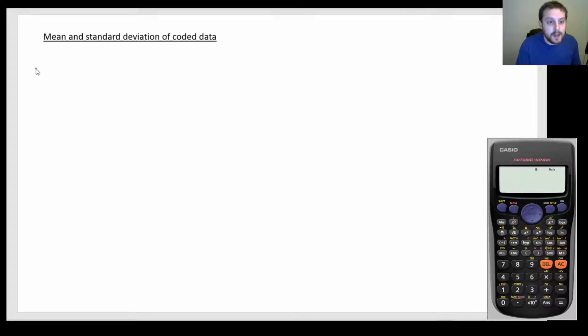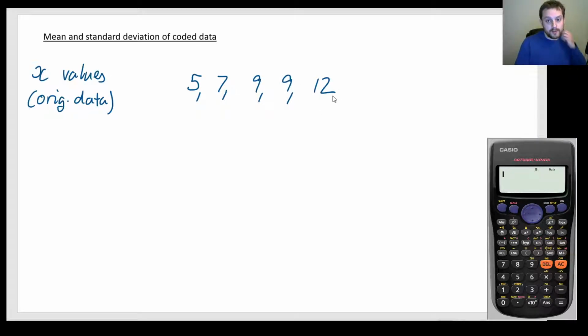I'm going to have my X values, this is my original data. And I might have something like, here are the numbers: 5, 7, 9, 9, and 12. And so we can work out X bar, and we can also work out the standard deviation.